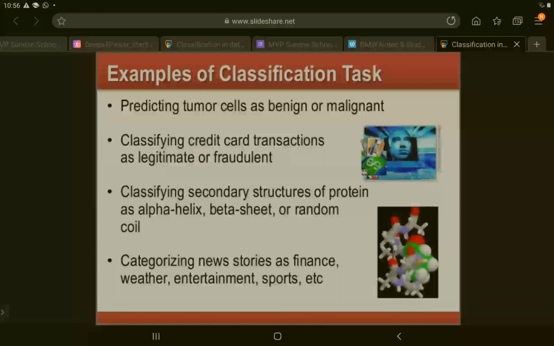According to that we have to predict the data set. Secondly, classifying credit card transactions as legitimate or fraudulent. We test our data set according to the model we make using the training data set. These are two different concepts.